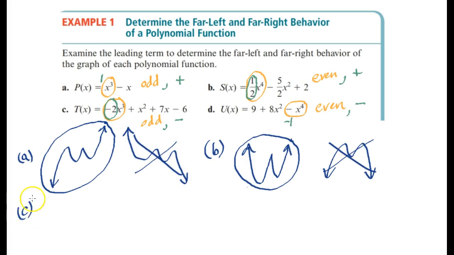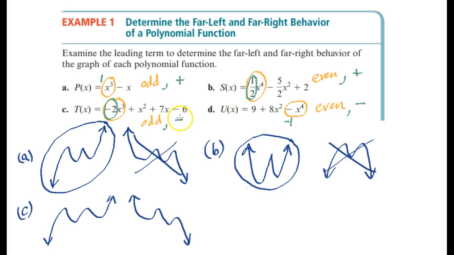Now we have C. C is odd. So odd tells us that we have this result or this result, where it has the opposite result on each end. From this, we would then look at the negative.